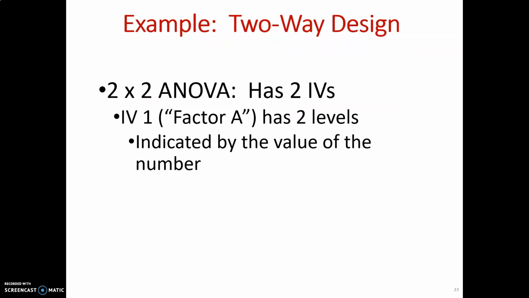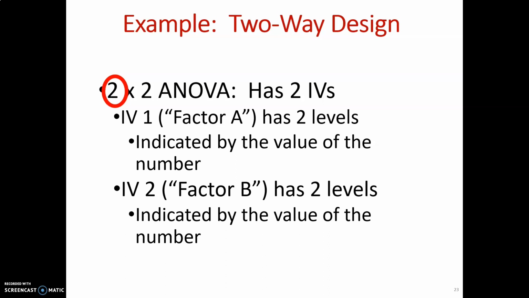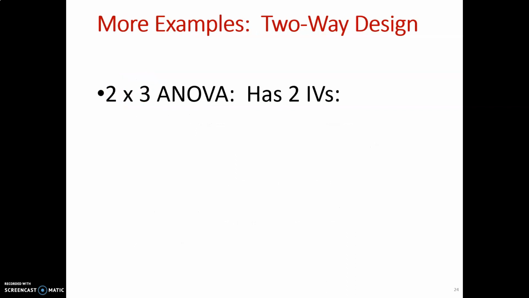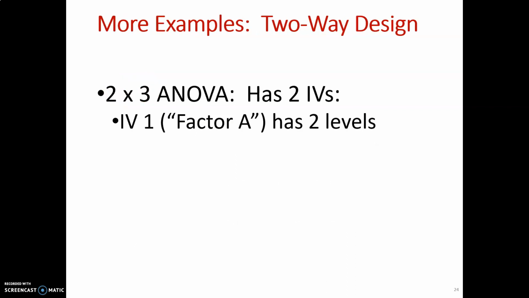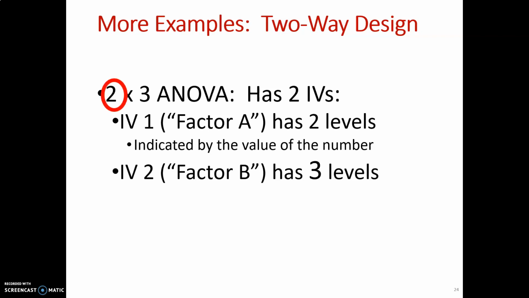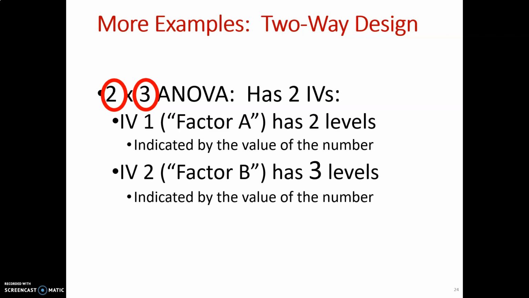So if we have a 2x2, two-way ANOVA, we have two independent variables, one here and one here. Each one has two levels or conditions in it. If we had a 2x3 ANOVA, still a two-way design with two independent variables, we have one factor with two levels, and a second factor with three levels.